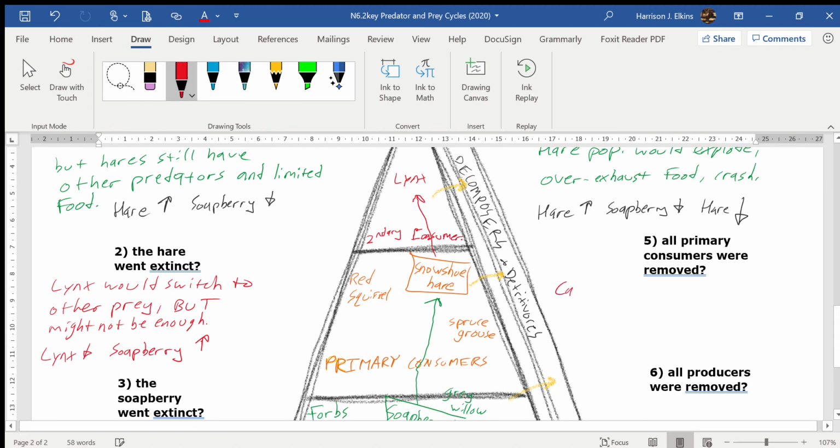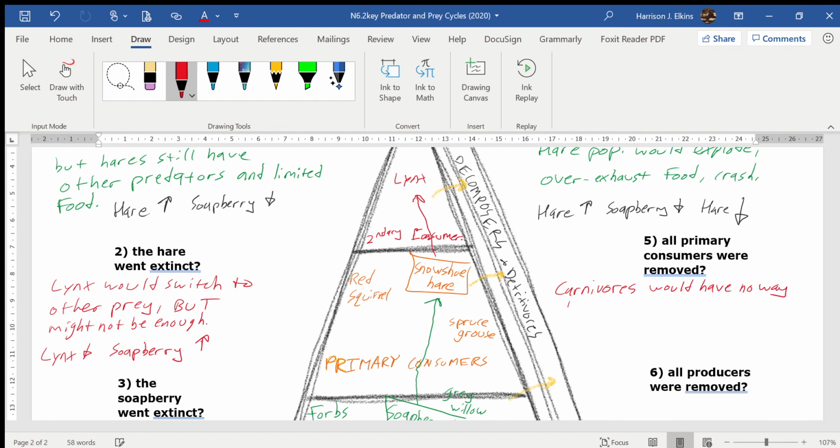So carnivores, they can't eat plants. So that's super problematic. And so they wouldn't just decrease. The lynx would just kind of die.